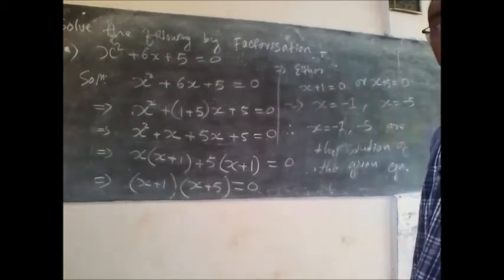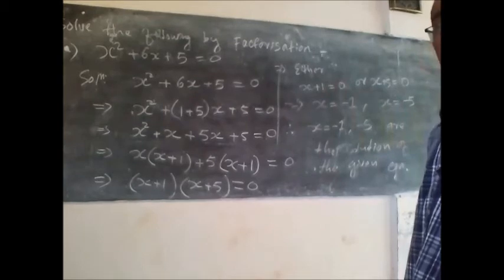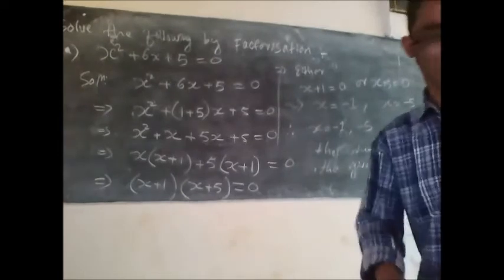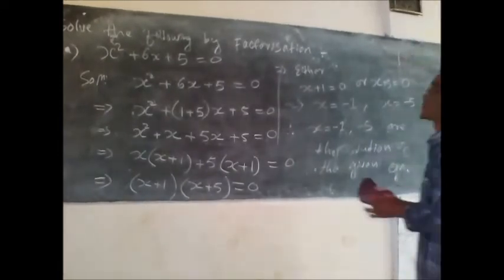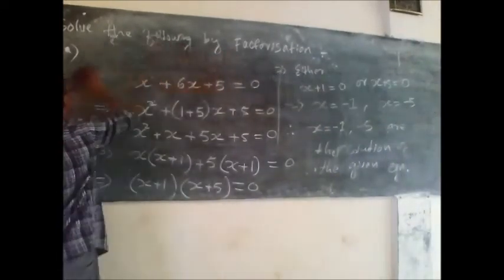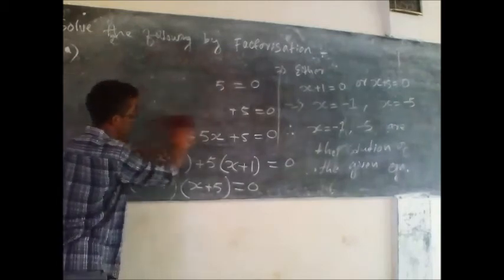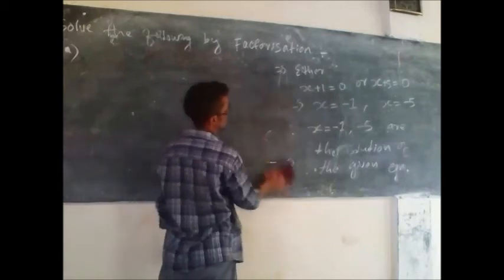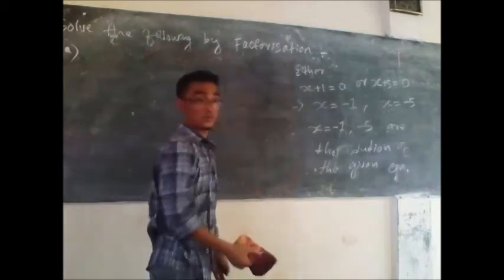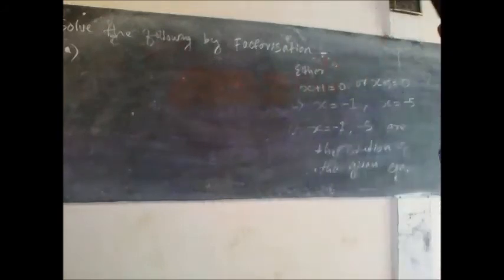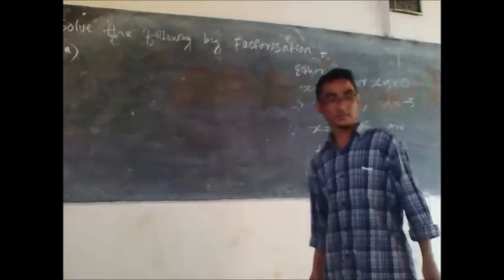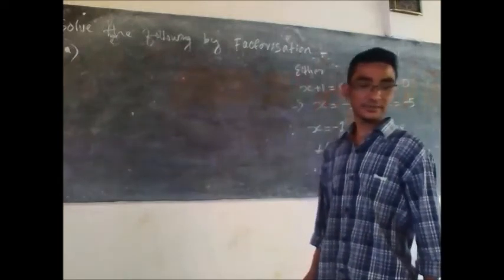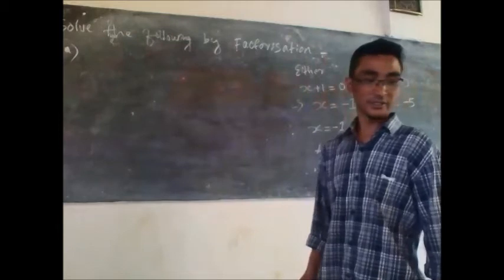Now from this, the next example: x square plus 3x minus 18 equal to 0.